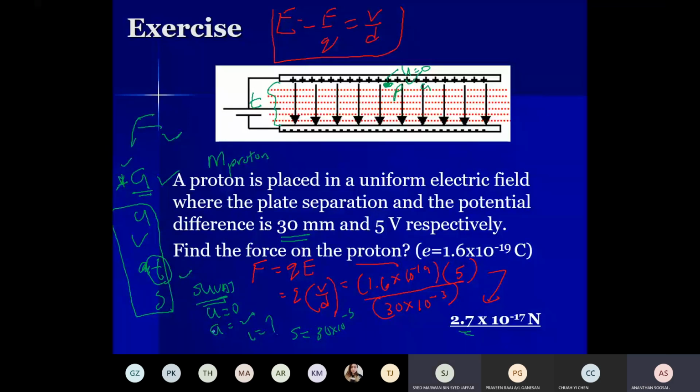Once you know acceleration, initial velocity most probably is going to be 0. So they will ask what is the time taken to cross the plate, and they can ask what is the final velocity when it reaches the plate. What I'm trying to say is the SUVAT is going to be involved here again.